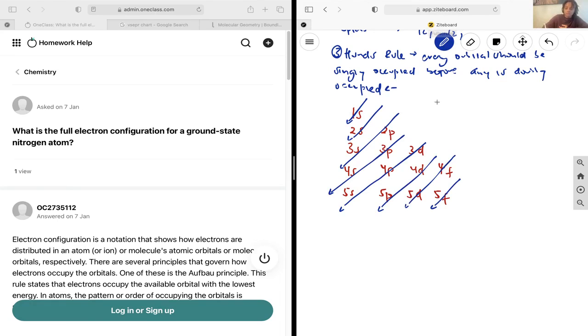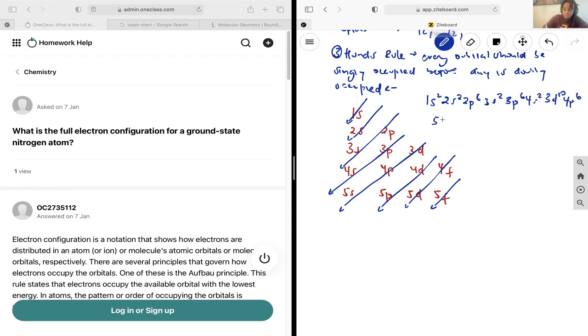Let's write that out. It would be 1s2, 2s2, 2p6, 3s2, 3p6, 4s2, 3d10, 4p6.